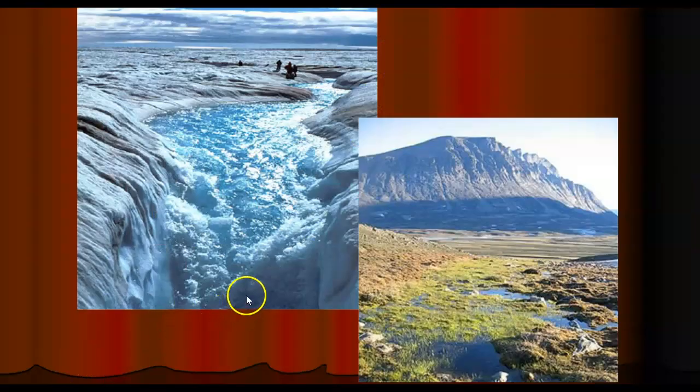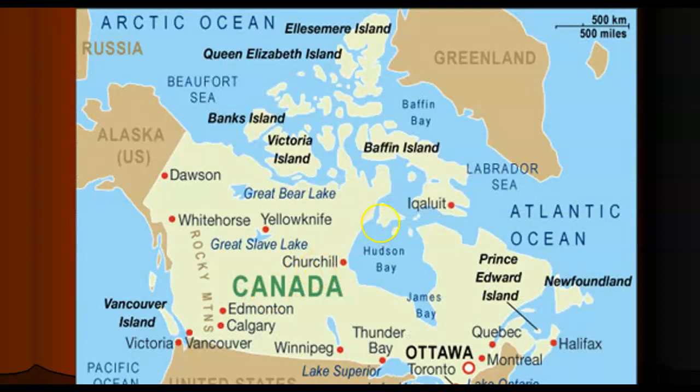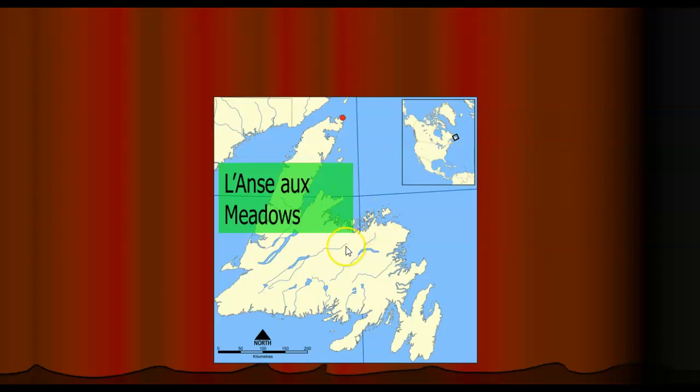Now, why is he important? Well, these are the areas that he's exploring. It looks a little rough. You can see this is what he would have encountered, this kind of landscape. So he's sailing up here in the area of Baffin Island, north of what is Hudson Bay today. These are the areas that he is exploring. Okay, and this is the place that he comes to, a place known as L'Anse aux Meadows.